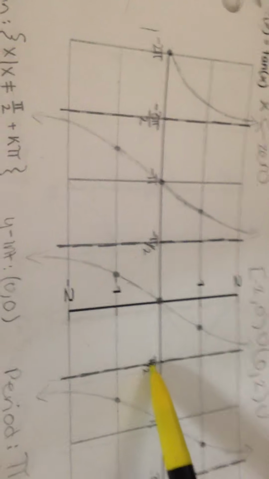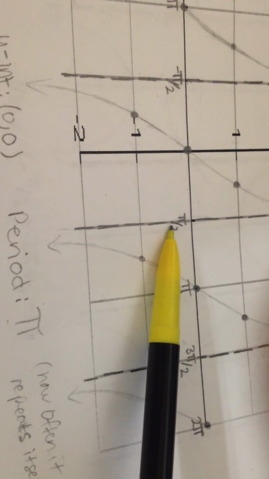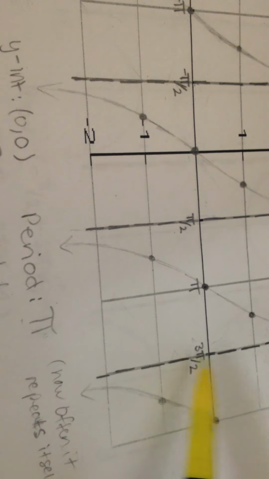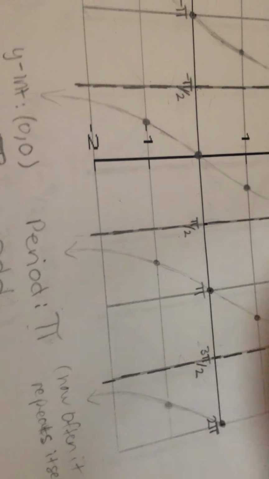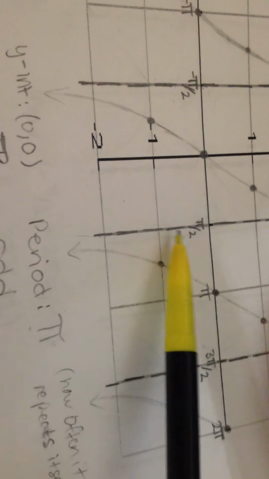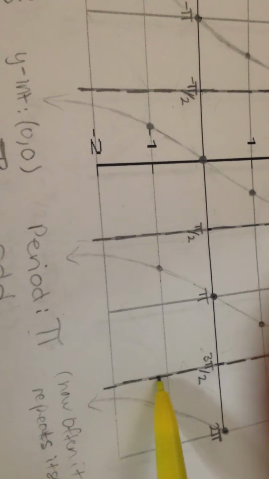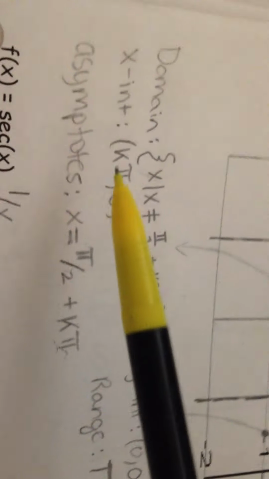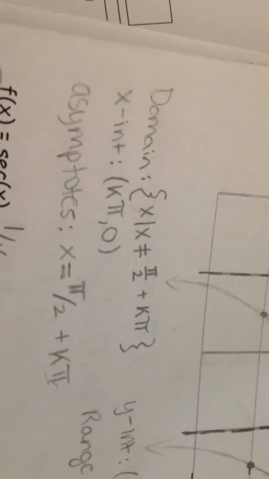The domain, all the x values, can't equal pi over 2, or all the pi k's after that. So pi over 2 plus pi plus another pi, that's where all the asymptotes are, so those cannot be in the domain. That's why we write x cannot equal pi over 2 plus pi k.